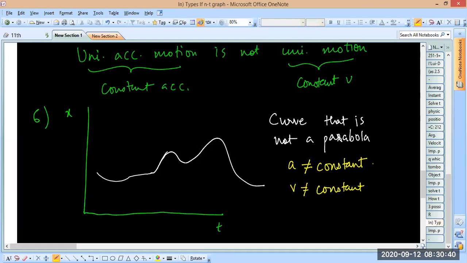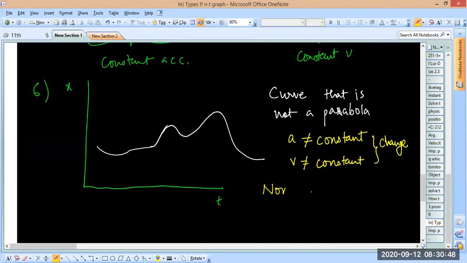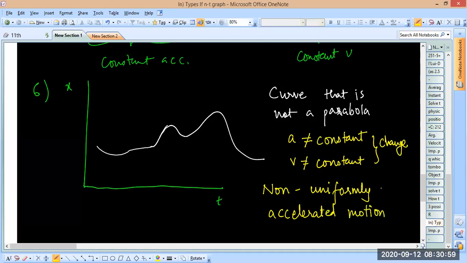Both keep changing from one point to the other. Such motion is called non-uniformly accelerated motion. I don't think the word is creating a problem here. Non-uniformly means not uniform. Yes, non-uniform acceleration. Correct.